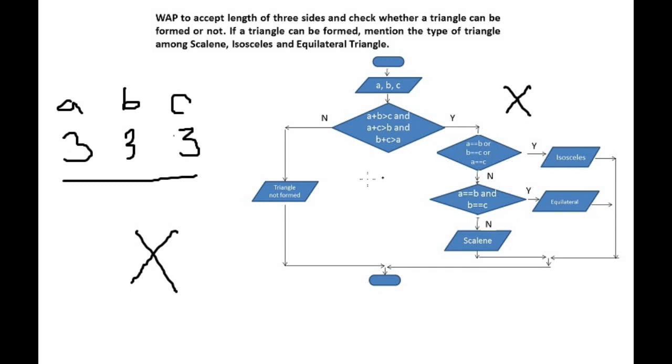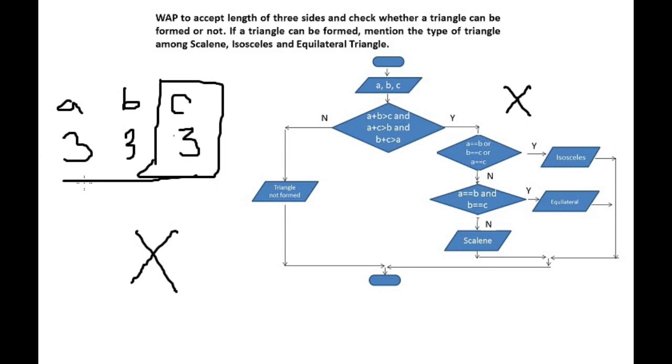Say, to make it easy, if I don't disclose the value of C, I just tell you that there is a triangle where the first side is 3 meter, second side is also 3 meter. Now tell me what is the type of the triangle. Will you be able to finalize the decision? No. You will have to ask me what about the third side, because till you get the third side's length, you are not in a position to decide whether it is equilateral or not. Once equilateral fails, then you will say no, first two sides are equal, that means it is an isosceles triangle.